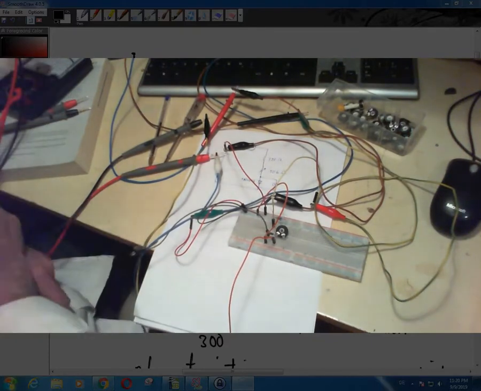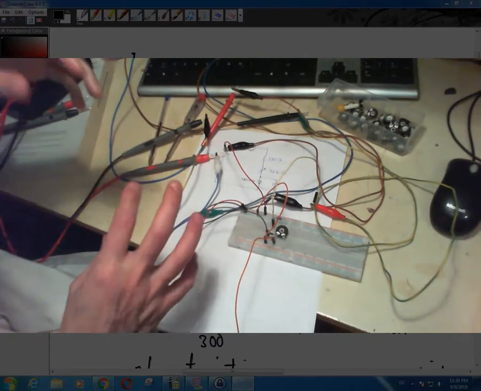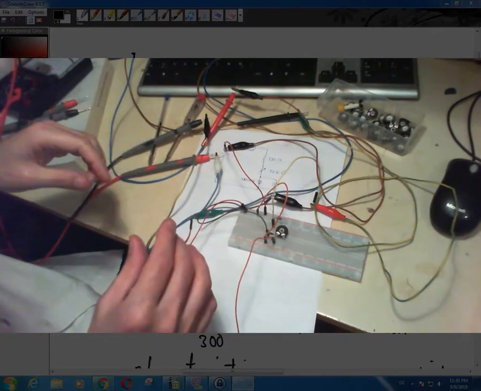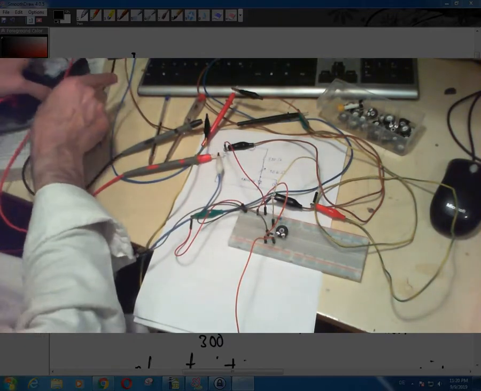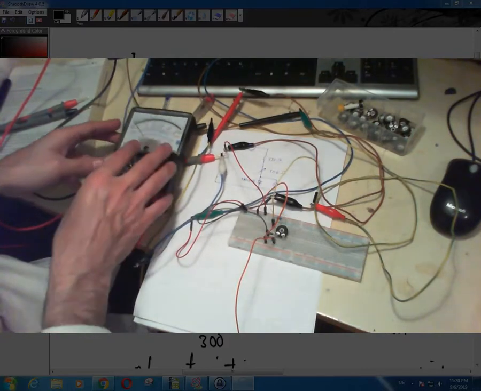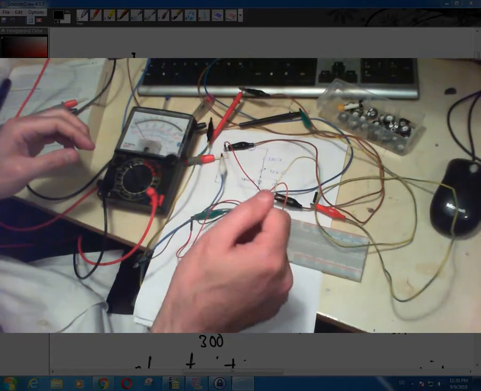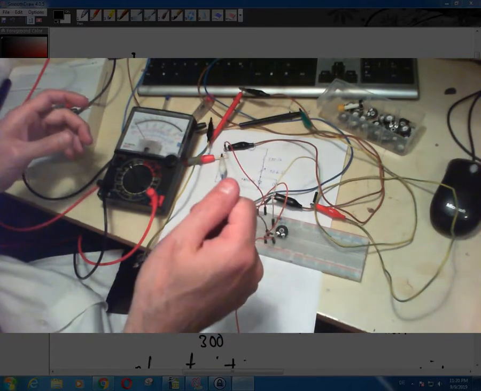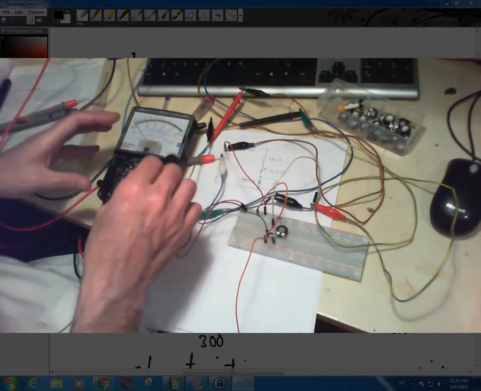Now for different reasons, you want to make sure that your potentiometer is set to the highest value possible, meaning that, for example, in this case 50 kilo ohm.